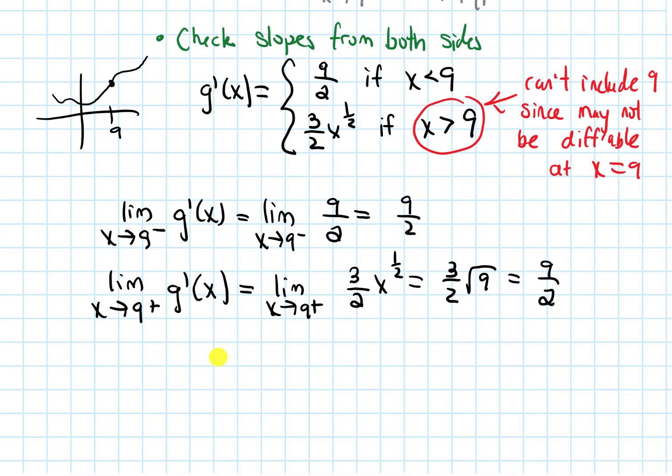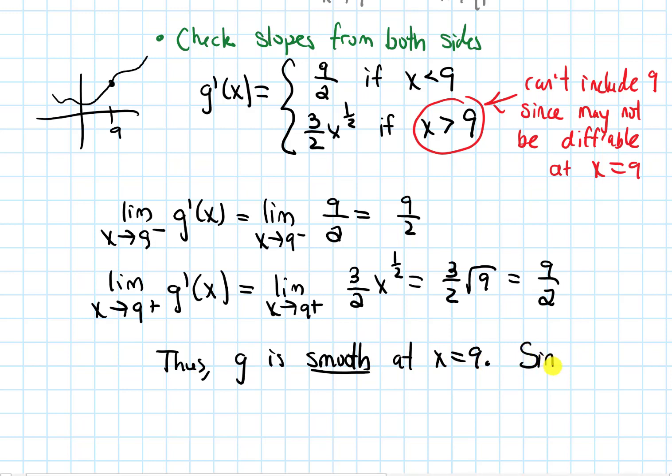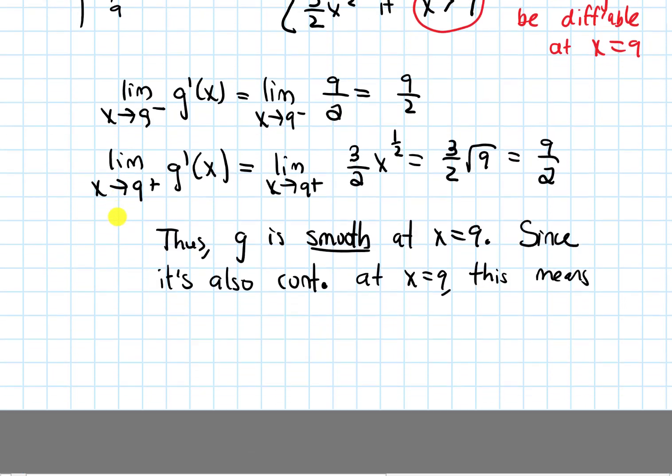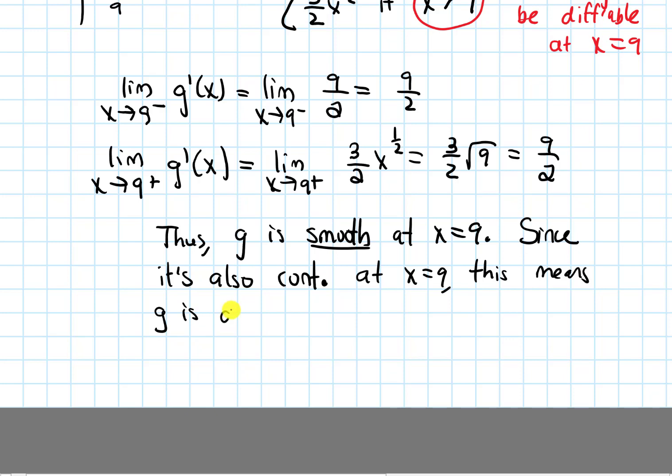All right, so thus, g is smooth at x equals 9. So since it's also continuous, let me just write continuous at x equals 9, this means that g is differentiable at x equals 9.